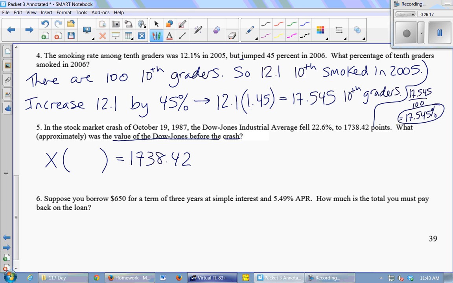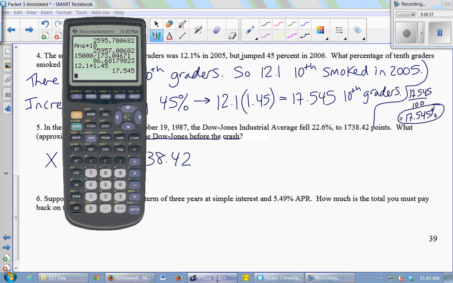Okay, so if I multiply by 0.226, what I get is how much I'm going to take away, right? Because I lost that much. So if I multiply by 0.226, that is what I subtract from the original. Reverse it. 1 minus 0.226.